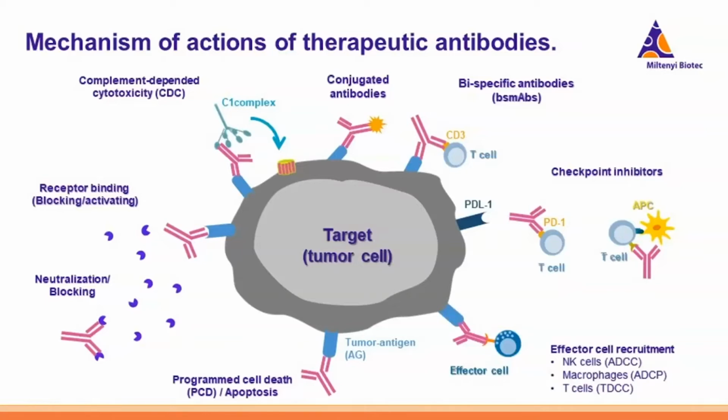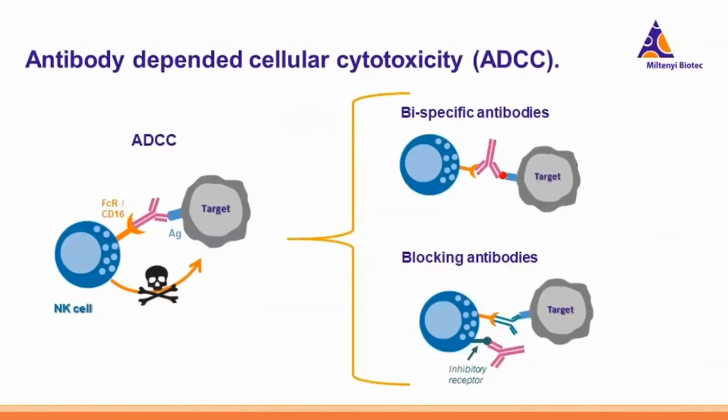We have macrophages that then do phagocytosis, or also T cells doing T cell-dependent cellular cytotoxicity. So all these mechanisms can lead to tumor killing, and that's why therapeutic antibodies are very important in the cancer field as cancer therapeutics.